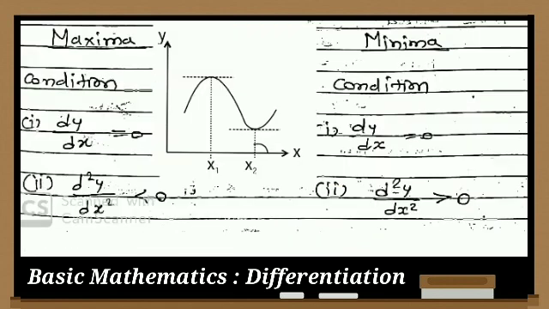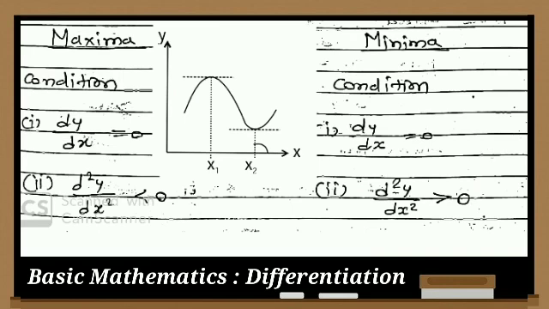Okay, let's talk about the maxima and minima. What are the maxima and minima? Suppose we have a function and we want to find out the maximum value in this function and the minimum value in this function.